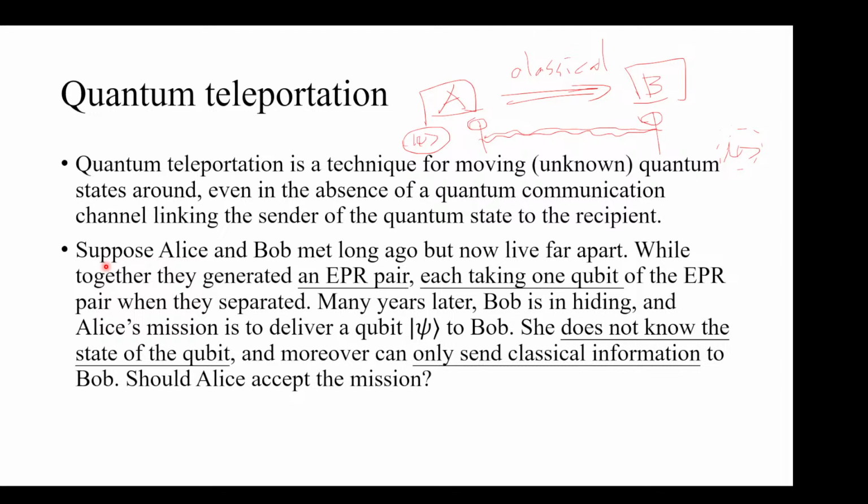Now the question is, Alice wants to send Bob an unknown quantum state by sending only a classical message. Okay. And this is a hard problem because an unknown quantum state is very weird. If Alice wants to send information about any classical state to Bob, then she can just copy the classical string and send that to Bob.